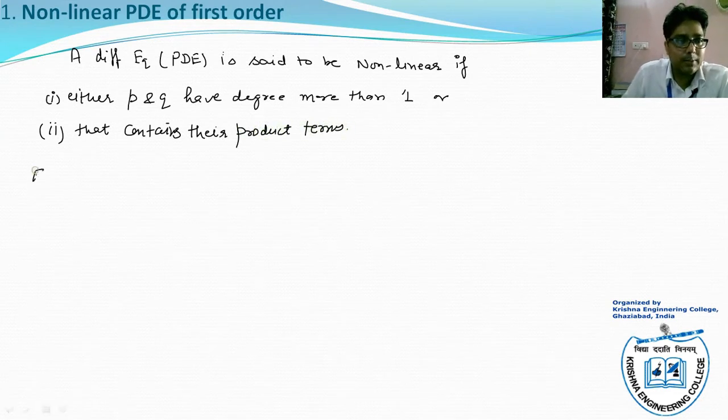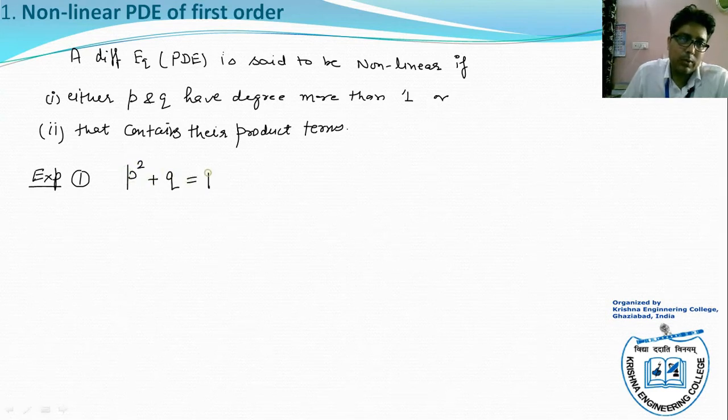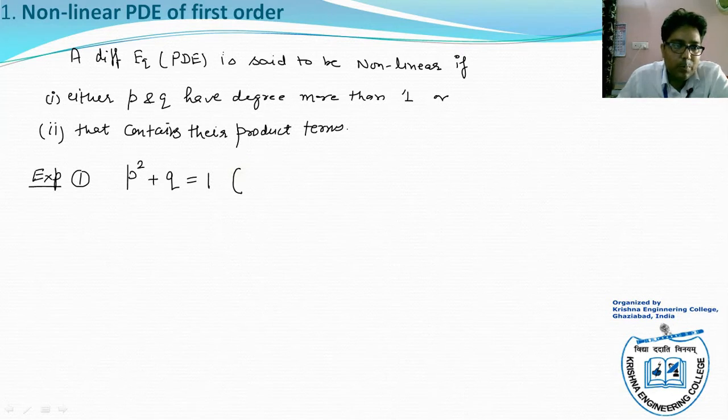For example, first, p squared plus q is equal to 1. This is a non-linear partial differential equation because the power of p is more than 1.